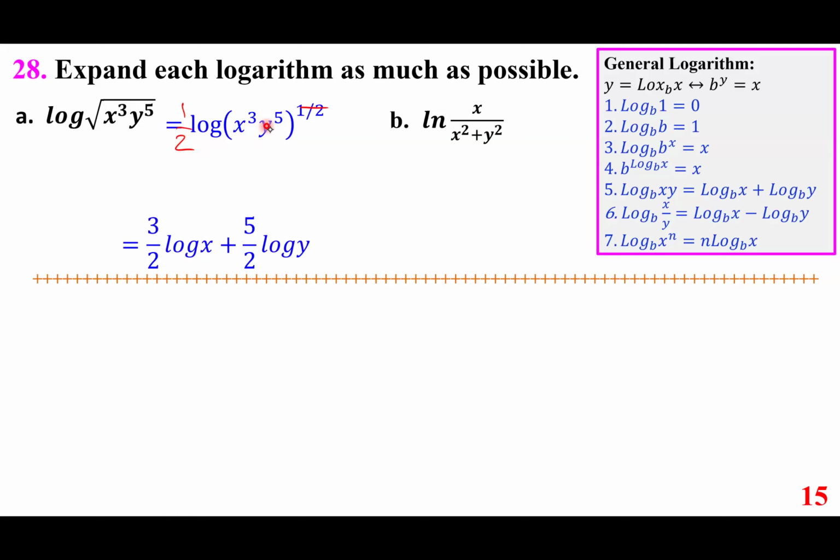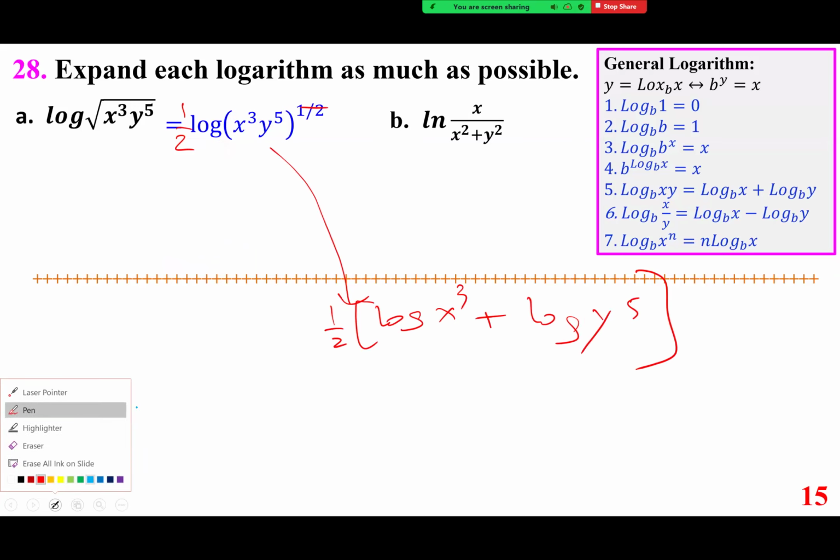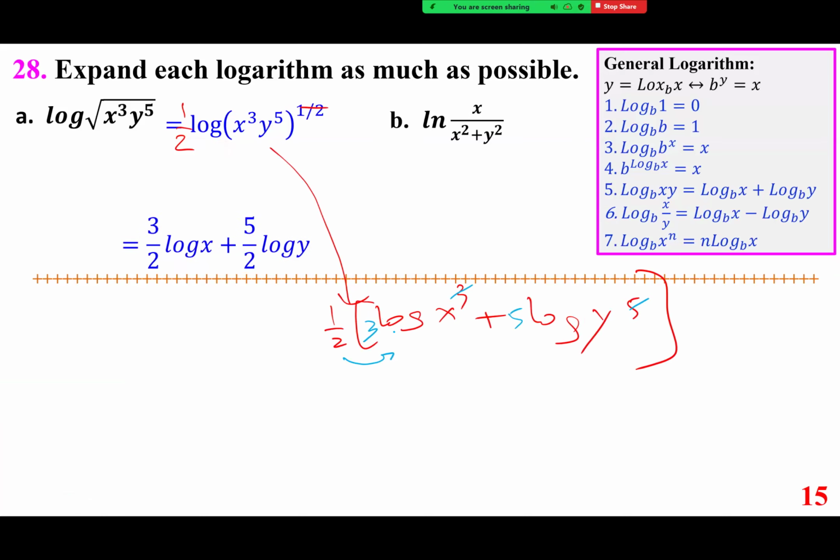Okay, so the order wasn't right, class. So let me just, so basically this one, write it here. So 1/2 log of x cubed plus log of y to the power of 5. And then this becomes the coefficient. This becomes the coefficient. Apply the 1/2, and you get 3/2 log x plus 5/2 log y.